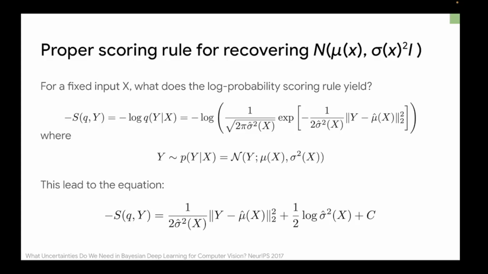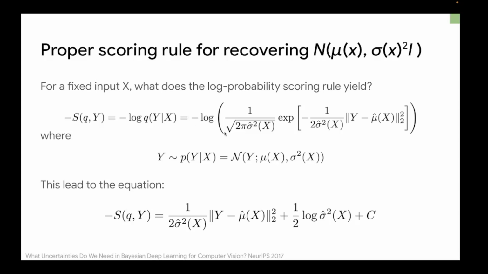So let's try to plug in the formula for Gaussian density function in the log probability scoring rule. Let's write down minus of the scoring rule, which is given by minus log of q of y given x.